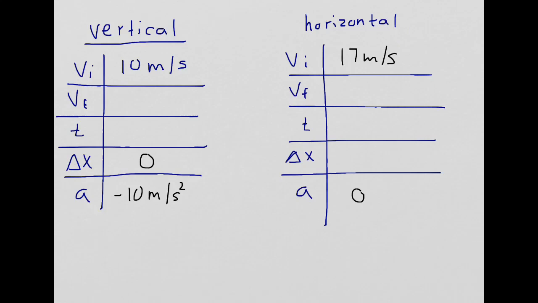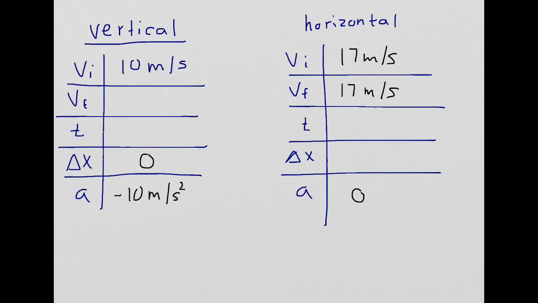And there's no other forces acting on this ball if we neglect air resistance. So acceleration with respect to the horizontal is 0. Which also brings us back to final velocity. If acceleration is 0, that means I have constant velocity. So my final velocity with respect to the horizontal is 17 meters per second, as well.